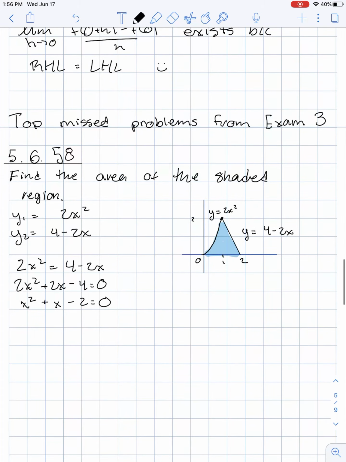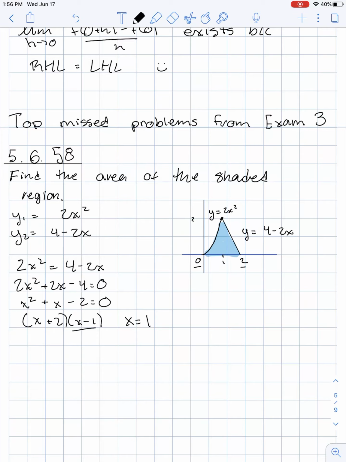I keep getting this. x plus 2, x minus 1, because 2 minus 1 is 1. Okay, cool. They're going to intersect at x equals 1. I don't really care about negative 2 because that's not in my shaded region. I'm told right down here at 0 and 2. That was in the picture given.